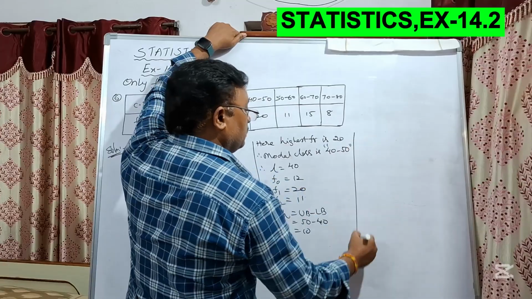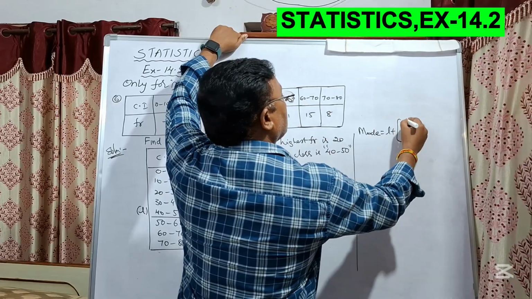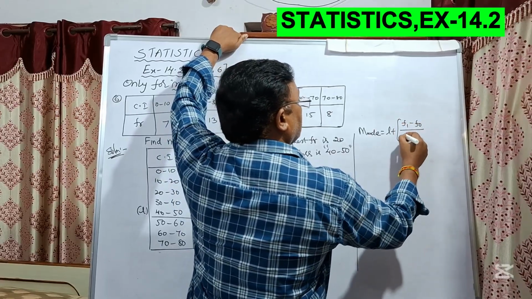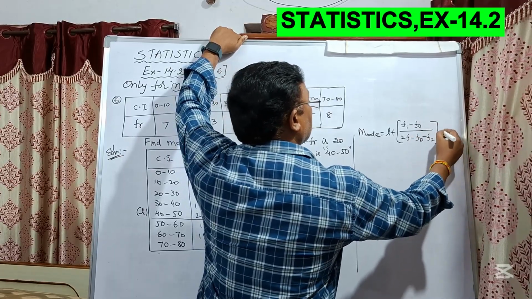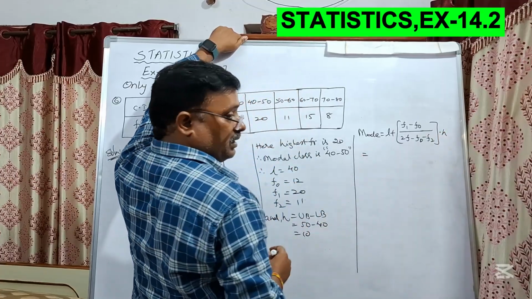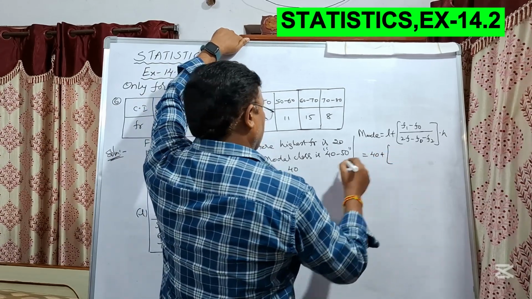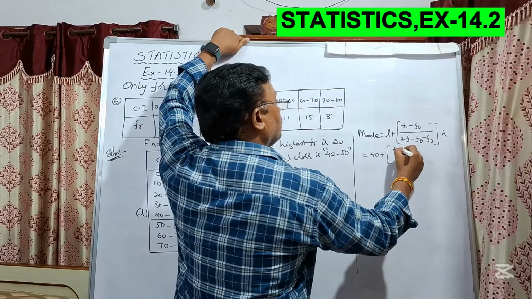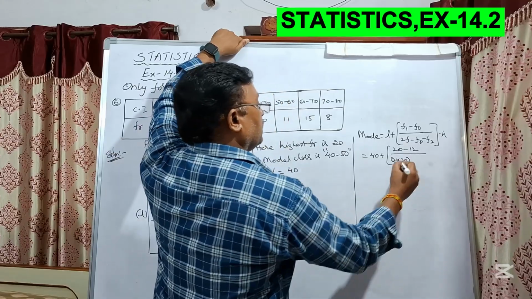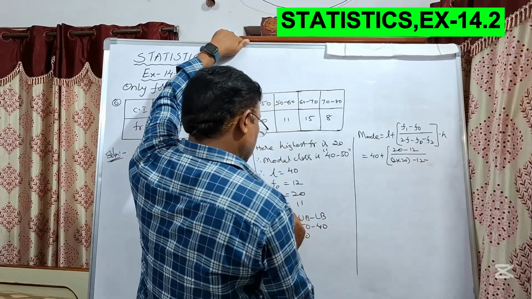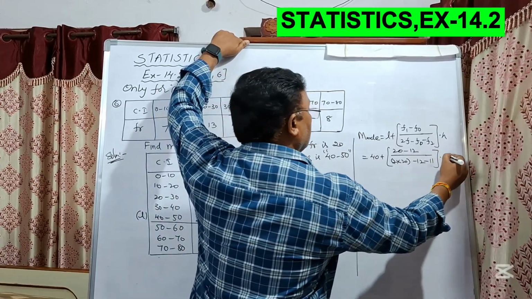So now to find the mode, write its formula. Mode is equal to L plus (f1 minus f0) by (2f1 minus f0 minus f2) into h. That is the simple formula. Okay? Right. Substitute the values: 40 plus, in the bracket, f1 minus f0, 20 minus 12, by 2f1, 2 into 20, minus f0 minus f2, 12 and 11, into h value 10.